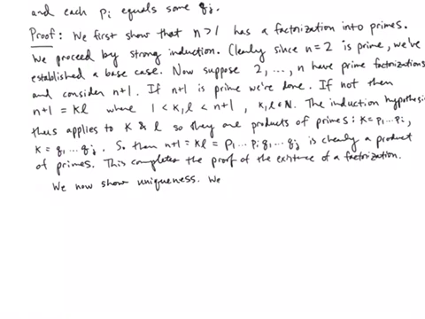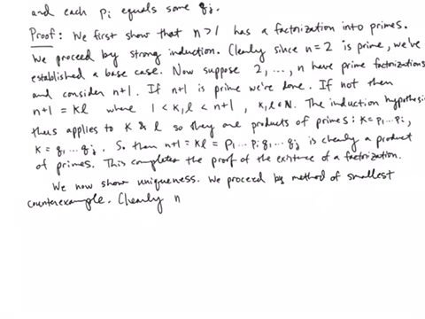And we proceed by the method of smallest counterexample. So clearly n equals 2, all the other primes are bigger than 2.